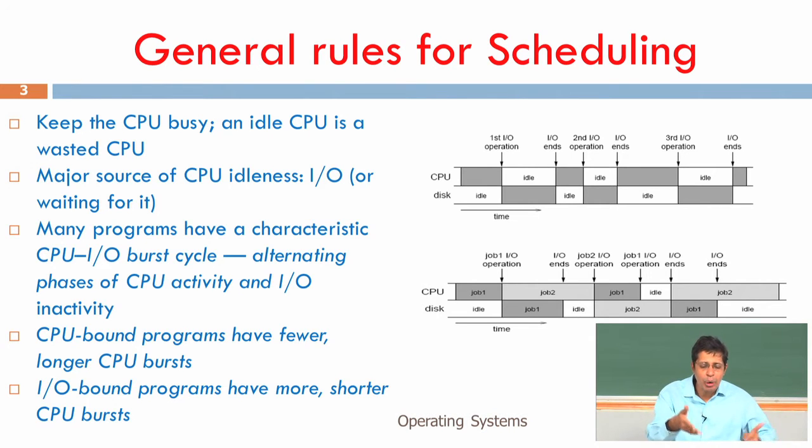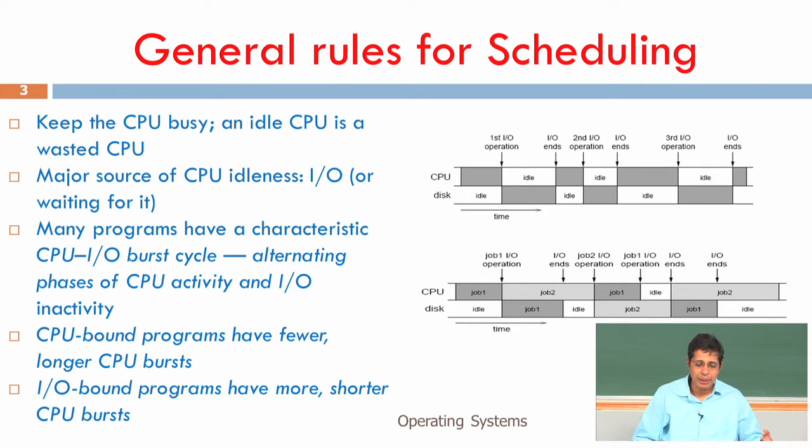So, let us take the top diagram on your right hand side. What happens is, we have only one process. That process does some CPU activity, then it does the first I/O operation. When the first I/O operation is happening on the disk, the CPU remains idle, and while the CPU operation was happening, the disk was idle.